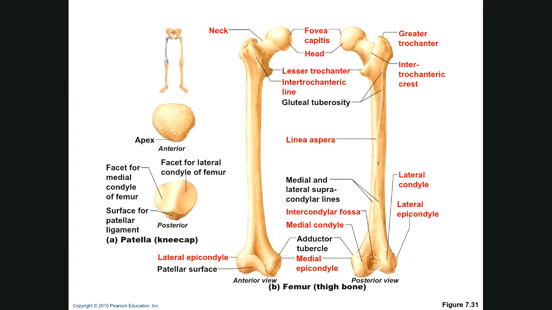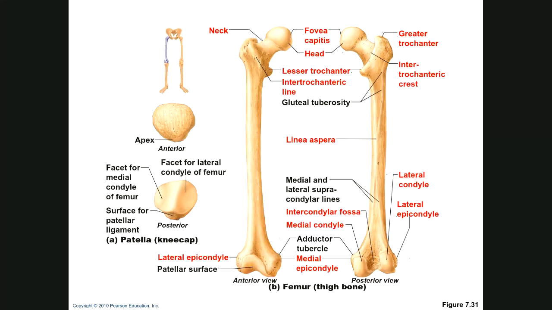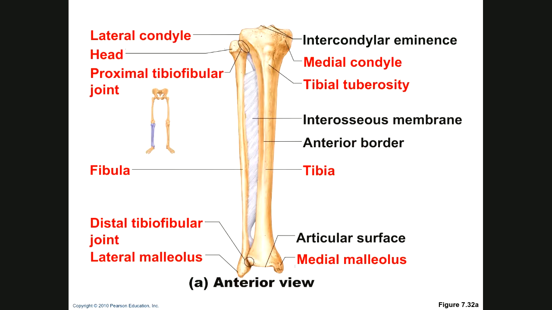Now we'll move on to the lower limbs. The bones of the lower limbs are going to be the thigh bone, which is the femur, the leg bone, which is the tibia, and then the lateral leg bone, which is the fibula. So here's the huge femur, and so the femur will be the thigh bone.